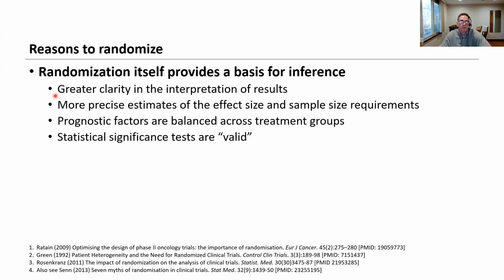So there's greater clarity in interpreting the results. I get more precise estimates of the effect size and the sample size requirements if we randomize. Prognostic factors get balanced across treatment groups, and the statistical significance tests at the end of your studies are considered valid. In the absence of randomization, there's confounding, and the test may have bias in it also.